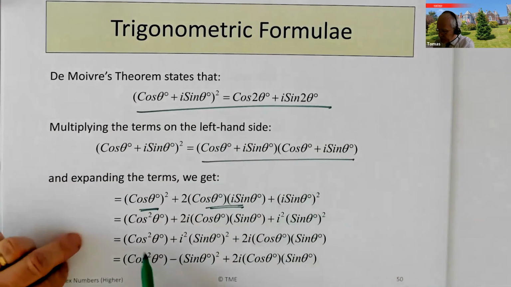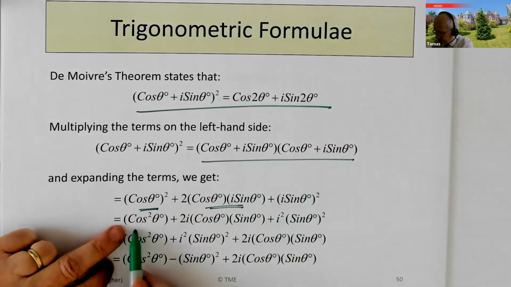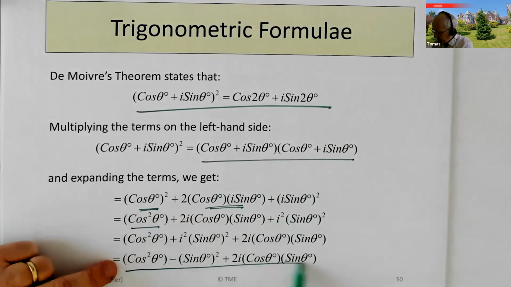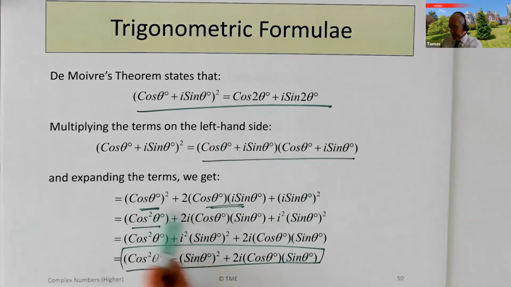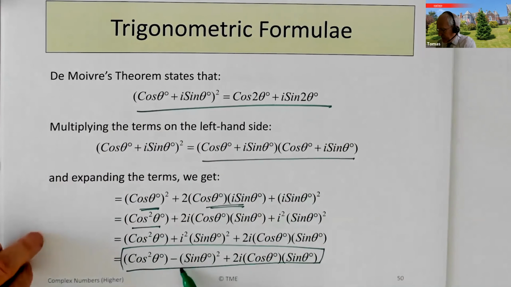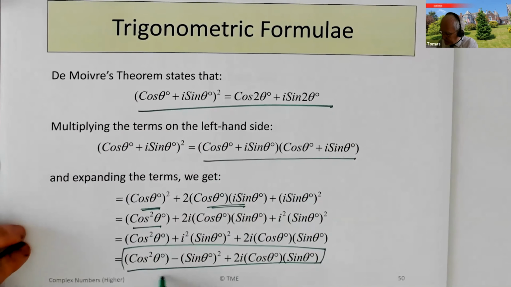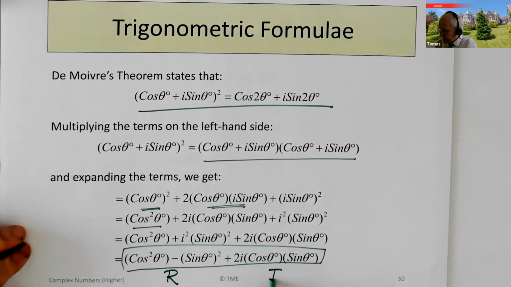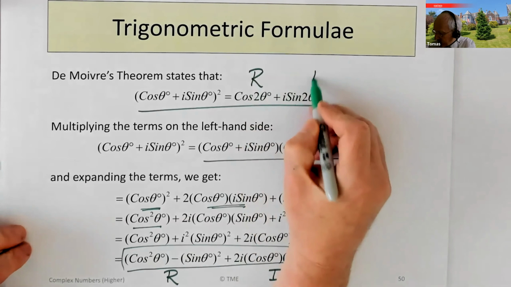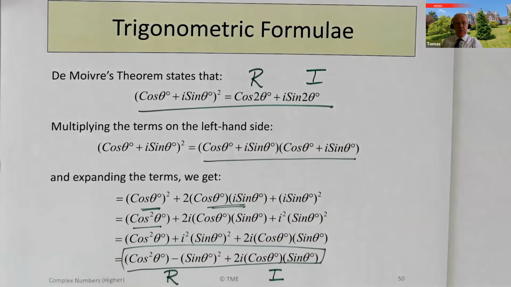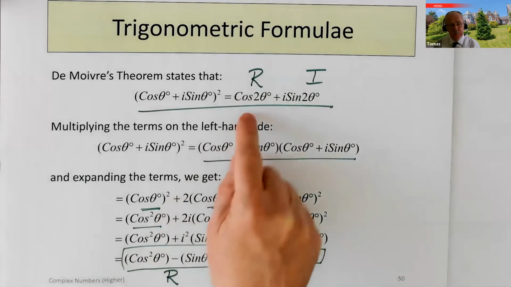So bringing it all together, cos squared theta minus sine squared theta plus 2I cos theta sine theta. You can see that this is real and this is imaginary, because these have an I before them and these don't.